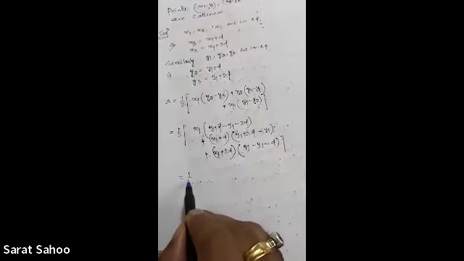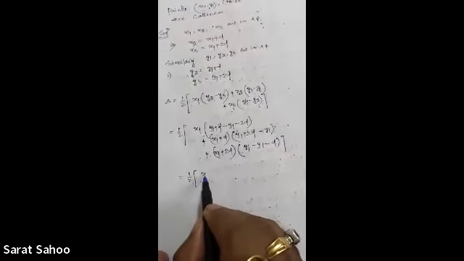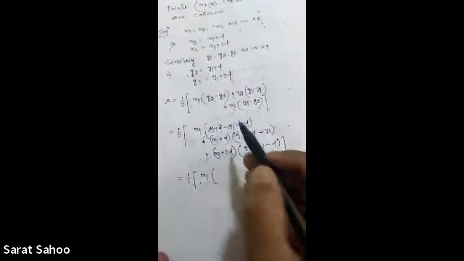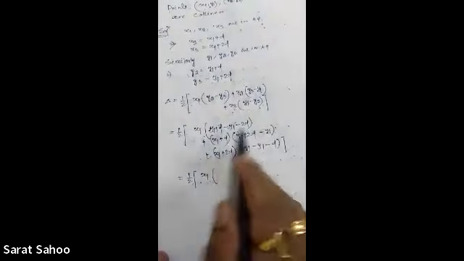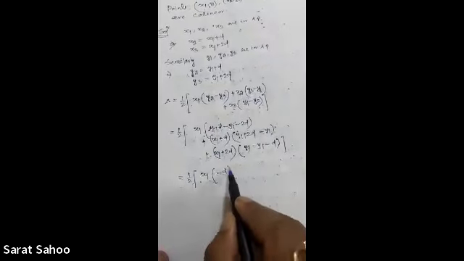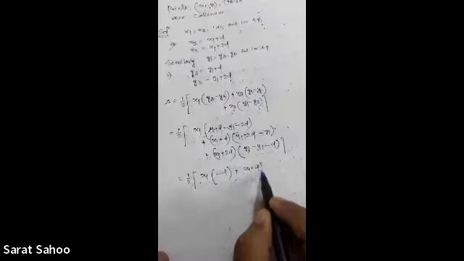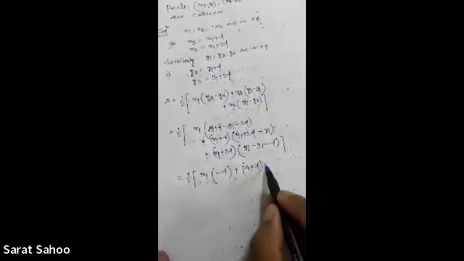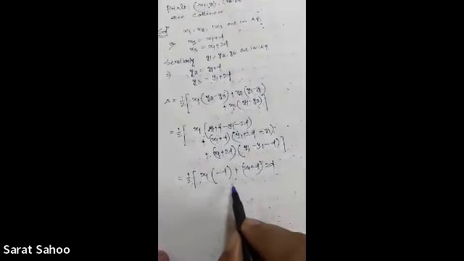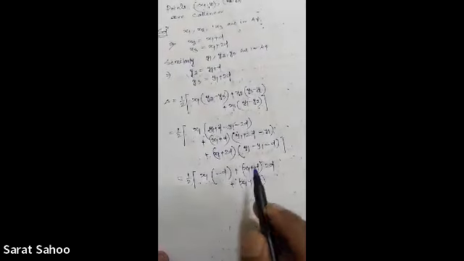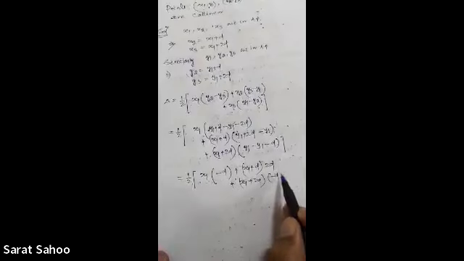This is equal to half of x1 into (y1 minus y1 cancels, d minus 2d, that is minus d), plus (x1 plus d) into 2d, plus (x1 plus 2d) into minus d.